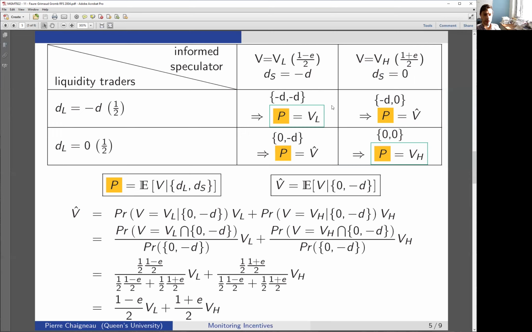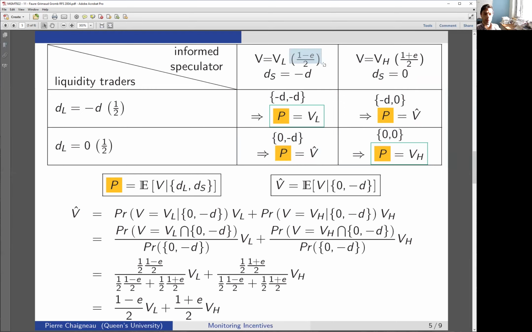In this first case here, the orders are fully revealing about the firm's type. So then the market price is equal to VL, which is equal to the firm's true value. So the speculator is not going to make any profits. That's 0 profits. So only in this case is he going to make some profits.